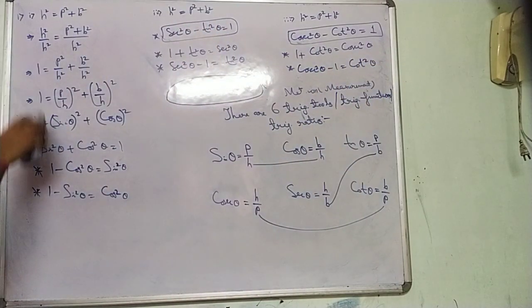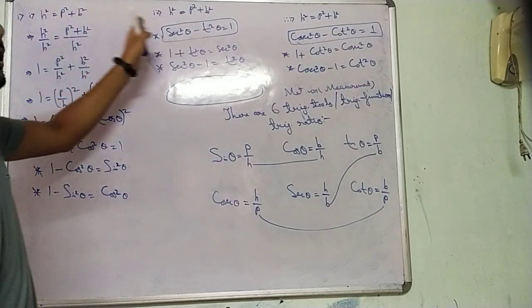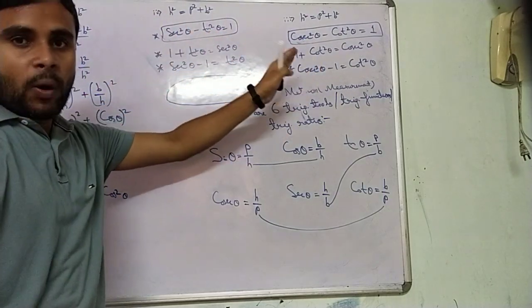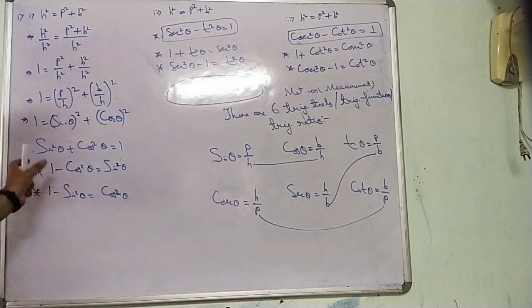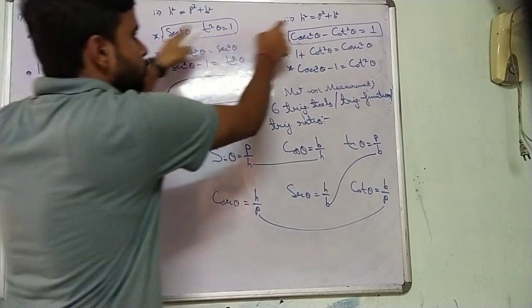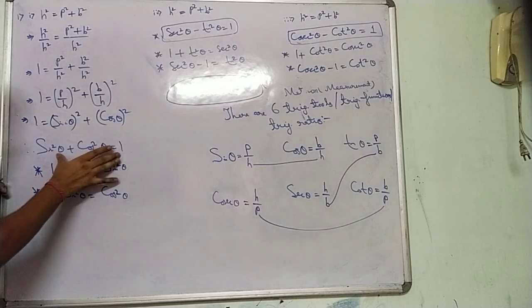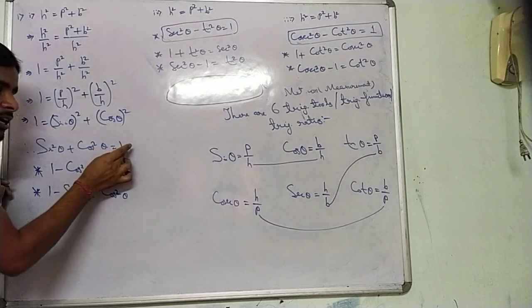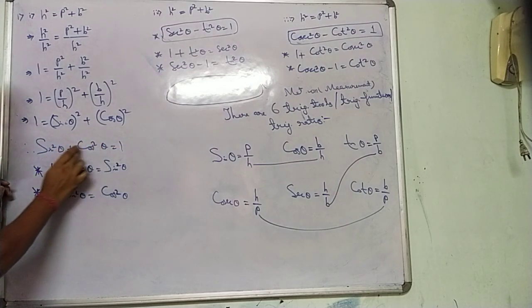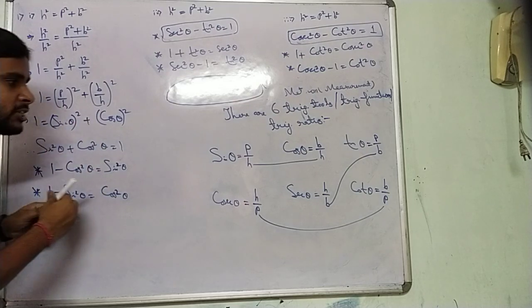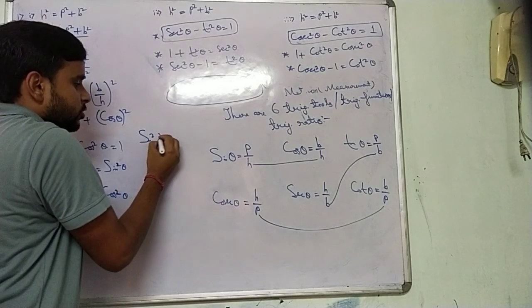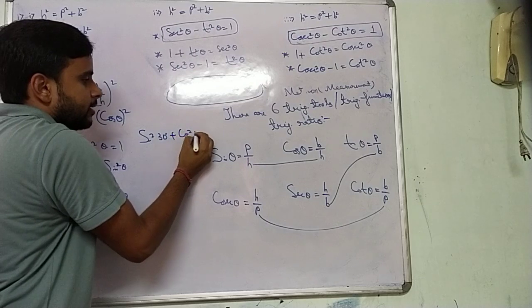So what we have done till now is we have derived these three trigonometric identities. Now why are these three, 1, 2, 3 called identities? Because sine square theta plus cos square theta equals to 1 is true for any real values of theta. It is not true just for sine square 30 degree plus cos square 30 degree.